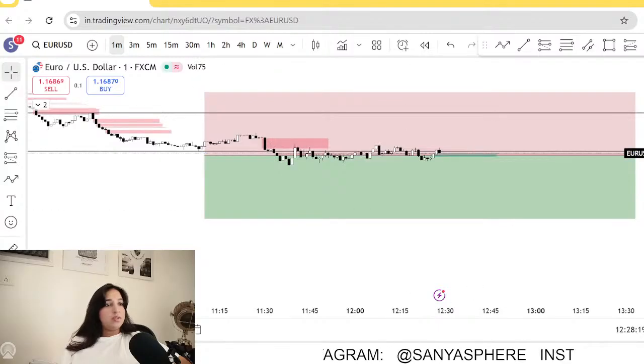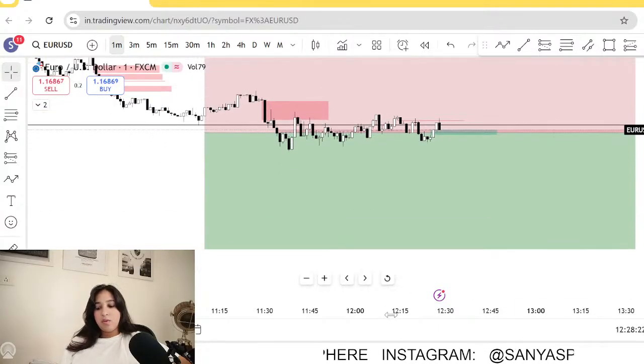It's quite slow. Let's see. EUR/USD, it's all consolidating right now.